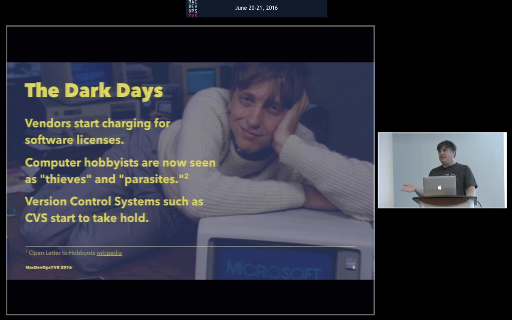And because of that, they started imposing legal restrictions on what you could do and how you could modify or access the source code to their products through copyright, trademarks, software licensing. And additionally, version control systems such as CVS started to be used to develop these cross-collaboration projects.